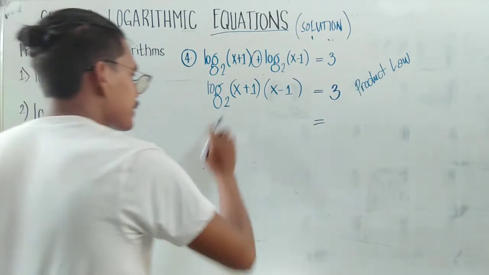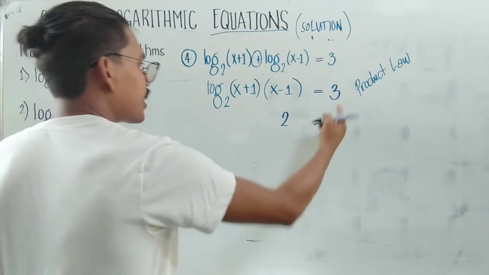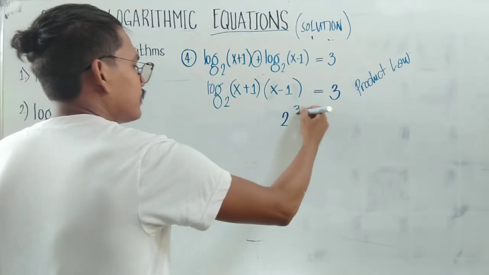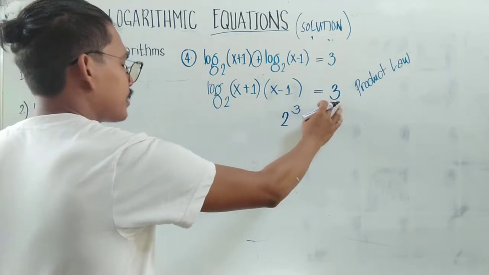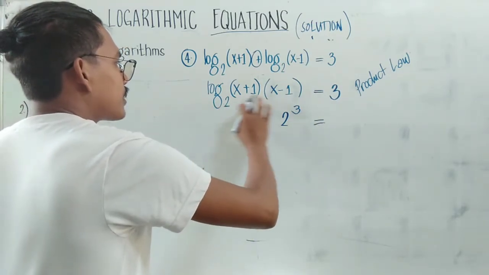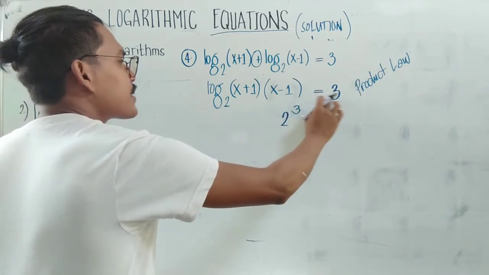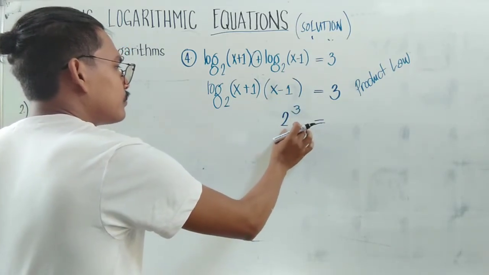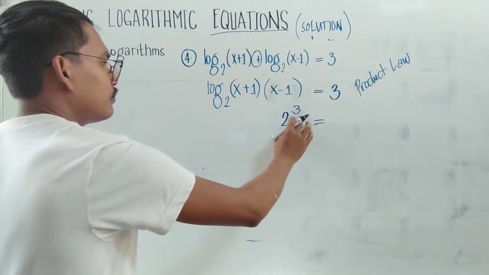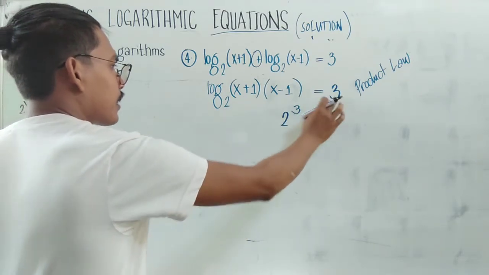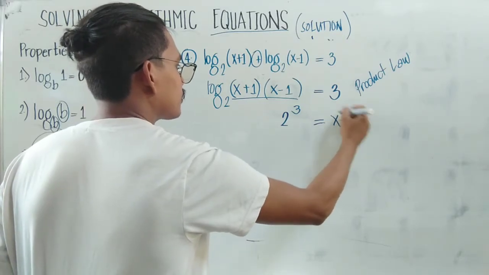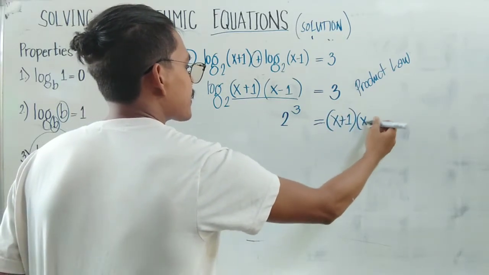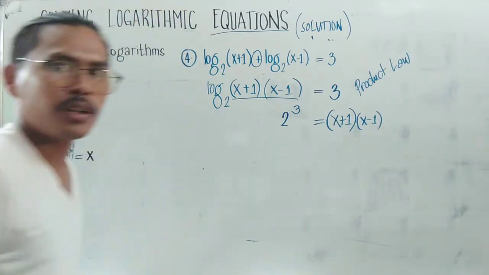So the base is 2, the exponent is 3. Again, we know the exponent is 3 because the answer of your logarithm is always the exponent. So 2 cubed, where 2 is the base and 3 is the exponent, then what's remaining is x plus 1 times x minus 1. Okay?